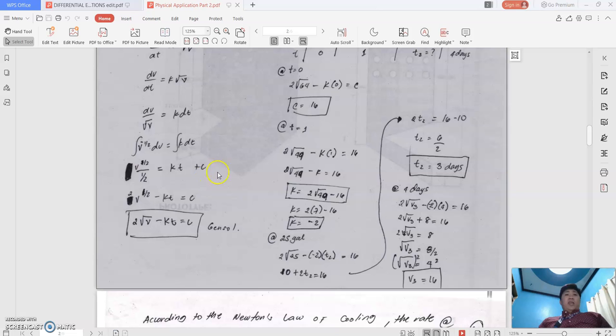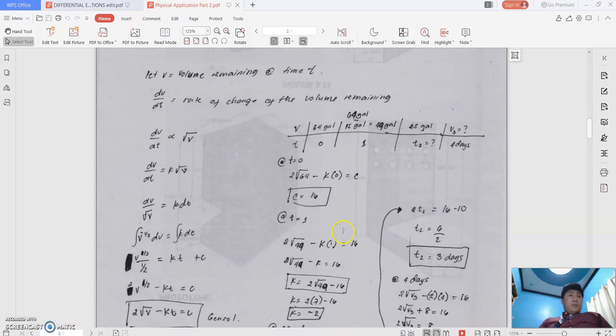Here we have kt plus C. Just transpose this: V to the power 1/2 times 2 over 1, that is 2 times V to the power 1/2, minus kt equals C. V raised to the power 1/2 is the square root, so you have 2 times the square root of V minus kt.